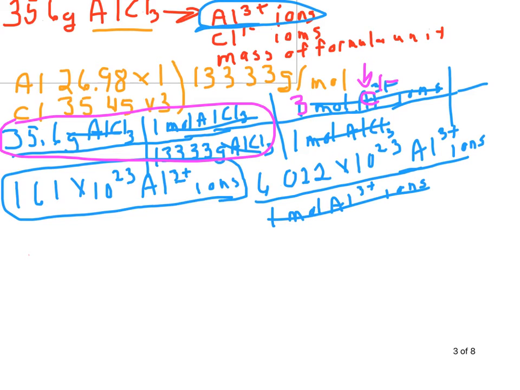And then in 1 mole of chloride ions, there are still 6.022 times 10 to the 23rd chloride ions. So everything's the same except we change this 1 to a 3. So we're just going to take this answer times 3. If you still have it on your calculator, all you got to do is hit times 3.